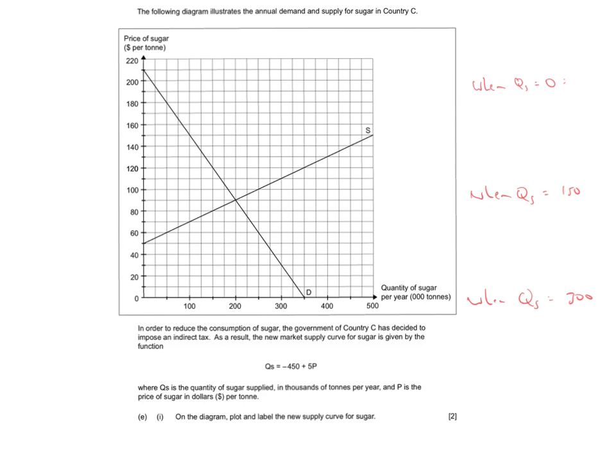So the easiest way of doing this is to take some points, for some values of Q, put them into the formula, and then solve for the corresponding price coordinate.